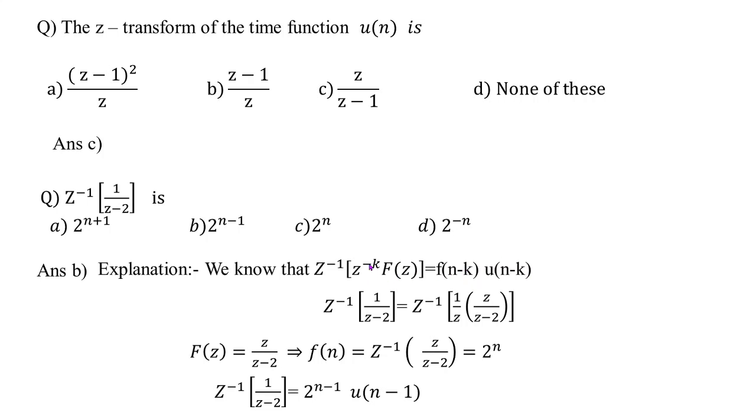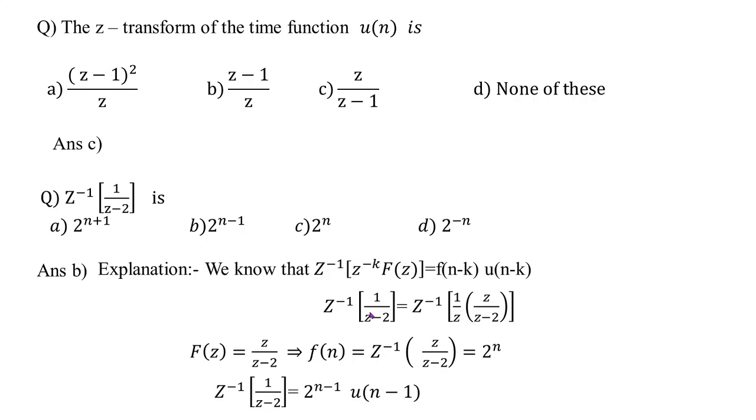So we have to express the given function 1 upon Z minus 2 in this form, where we have a product of 2 functions, out of which one is a function F of z for which we can get the inverse easily by making use of the list of formulae.